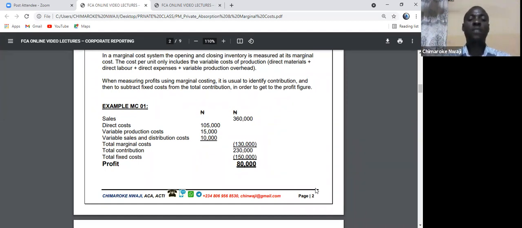And so in this fixed cost, we may have production fixed cost there, selling and distribution fixed cost is there, administrative fixed cost will be there. So all of them together form your total fixed cost of 150. And when you less it from 230, you have a profit of 80,000 Naira. So this is a typical example of how you prepare your profit statement using marginal costing.